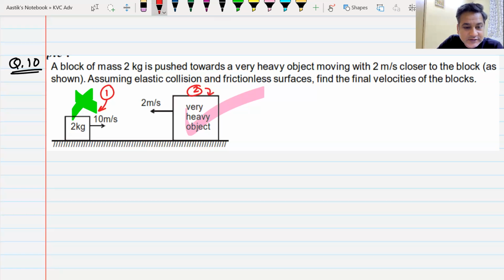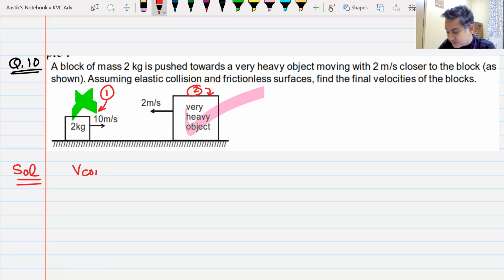Minus 14. After 5 attempts, you have got the correct answer. Very sad. The correct answer is minus 14.